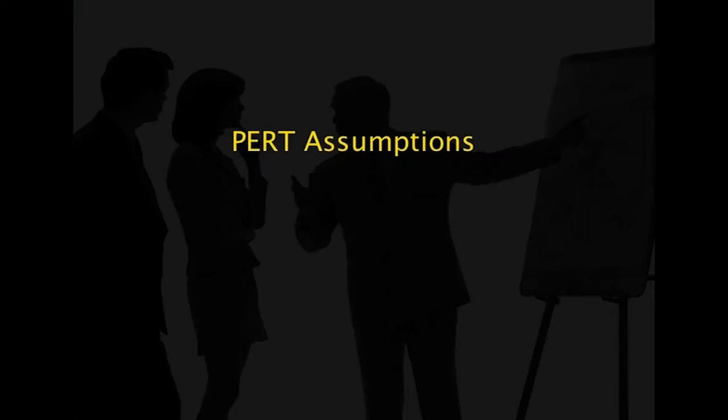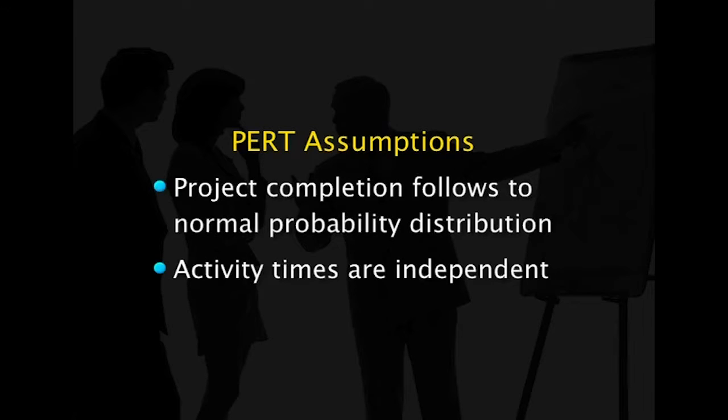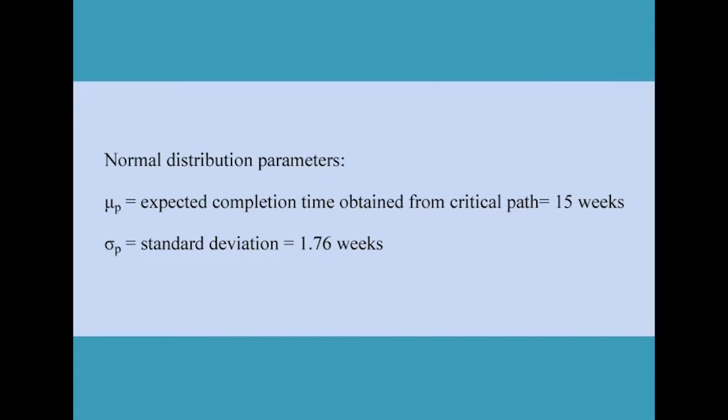If we want to calculate the probability of finishing the project within 16 weeks, let us have the PERT assumptions: project completion follows a normal probability distribution and activity times are independent. Hence, the normal distribution parameters are: the mean time is 15 weeks and the standard deviation is 1.76 weeks.